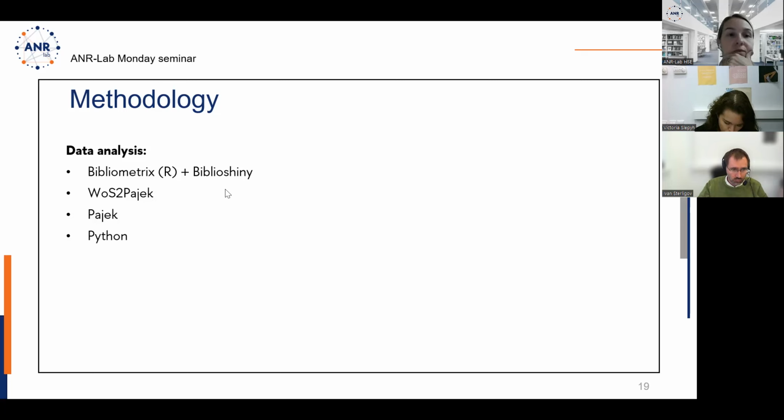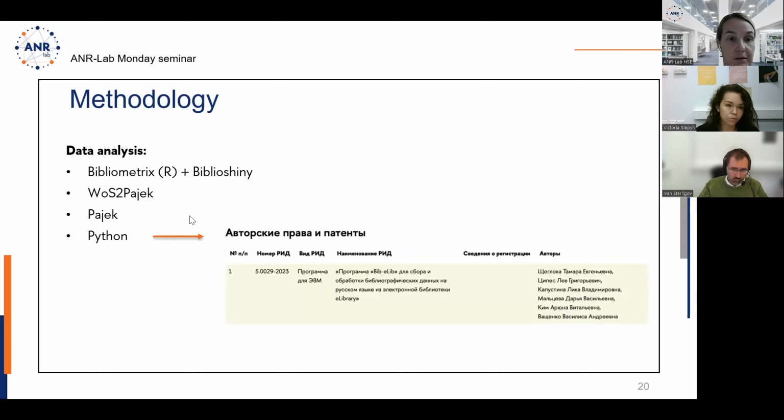And as for methods that we used for analysis, we used bibliometrix and biblioshiny packages, WOS to Pajek and Pajek programs, and also Python. The first three were used for the analysis of Web of Science and for e-library data, as there were no frameworks already presented for e-library data.